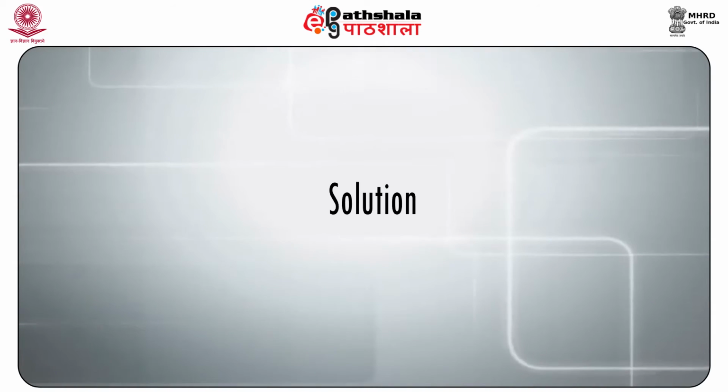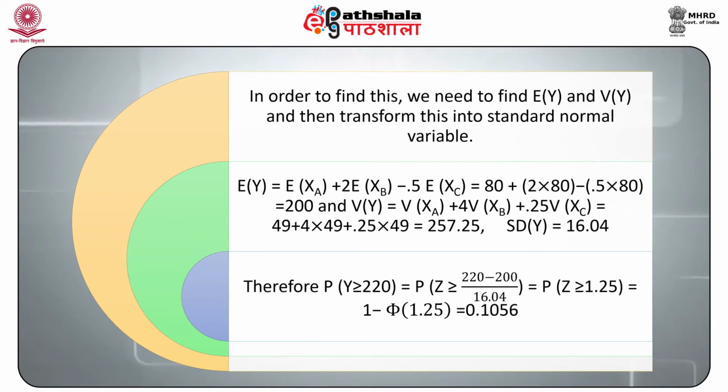The solution. In the first case, in order to find this, we need to find Ey and Vy and then transform this into a standard normal variable. Ey is equal to Exa plus 2Exb minus 0.5 Exc, which is equal to 80 plus 2 into 80 minus 0.5 into 80, which is equal to 200.